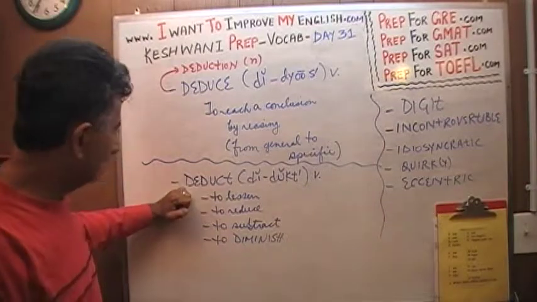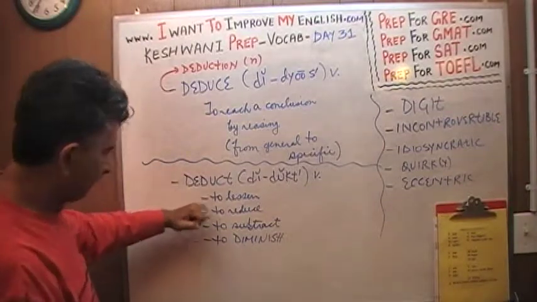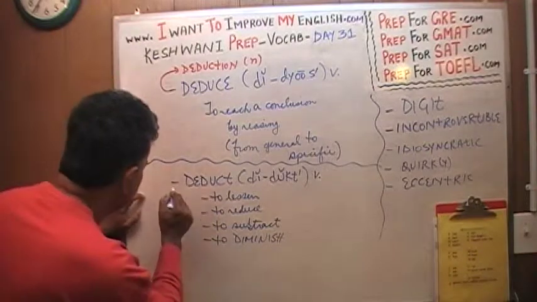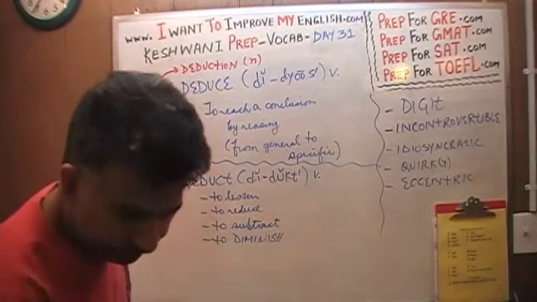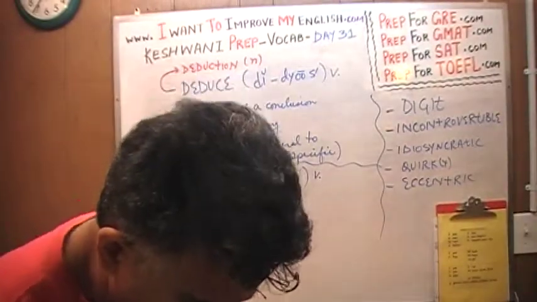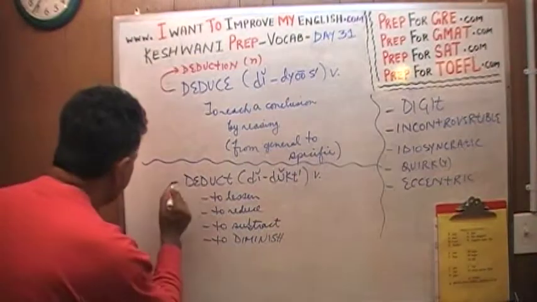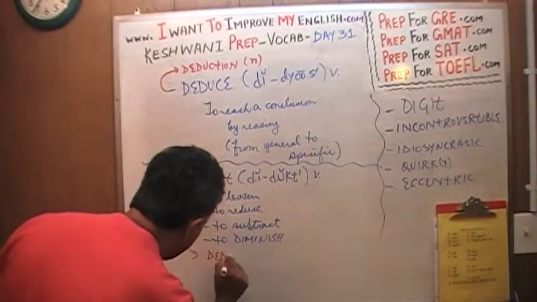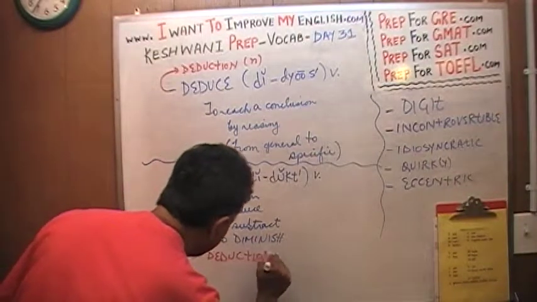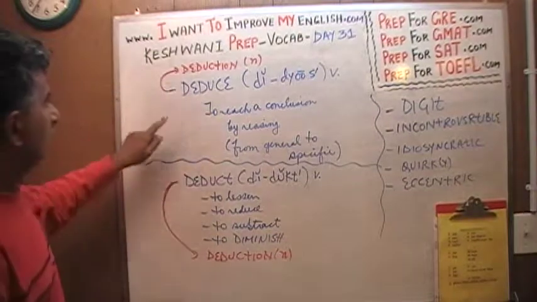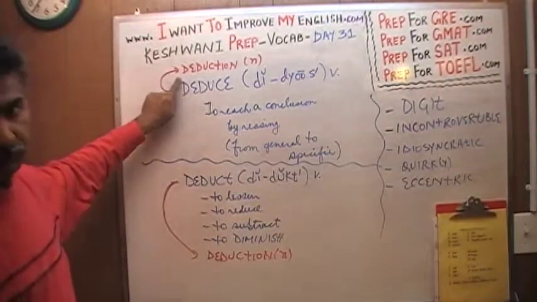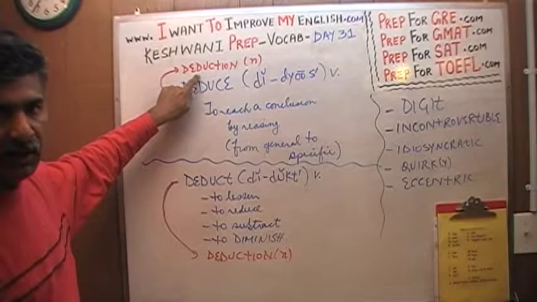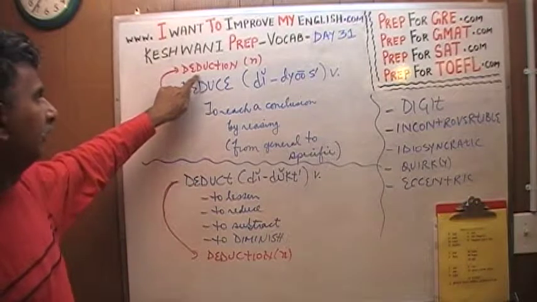Here is the word deduct. Deduct means to lessen, to reduce, to subtract, or to diminish. The noun of deduct is deduction. The noun of deduce is deduction. So when you see the word deduction, you have to figure out from the context how it is being used.